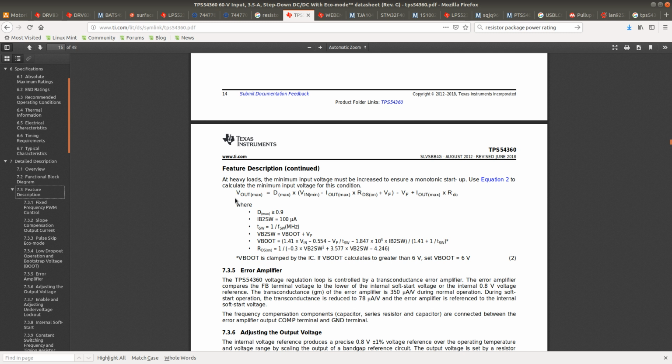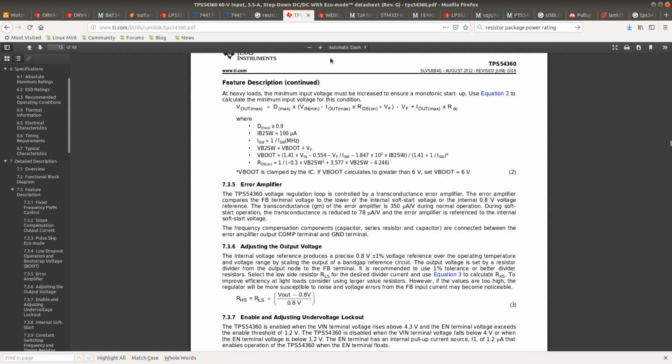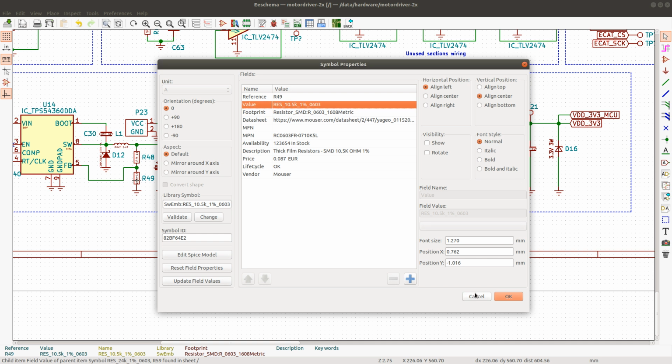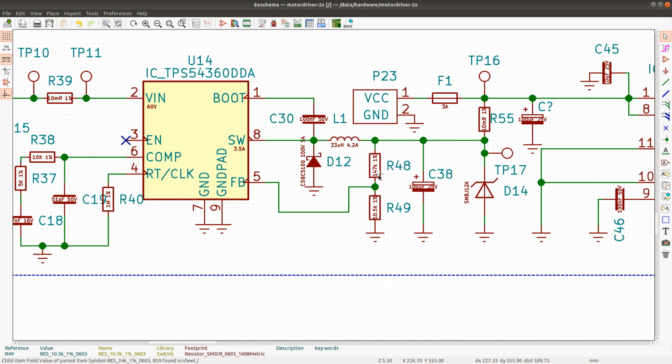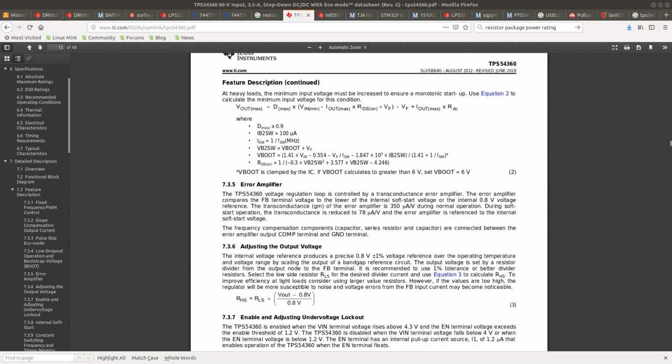Interesting. I wonder if there is any calculation that specifies that. I wonder what kind of current will flow into the feedback pin here, and whether maybe it's that. Let's check the waveforms actually.